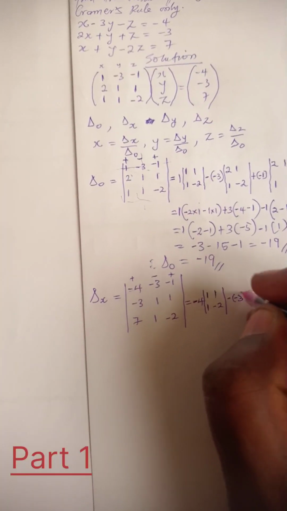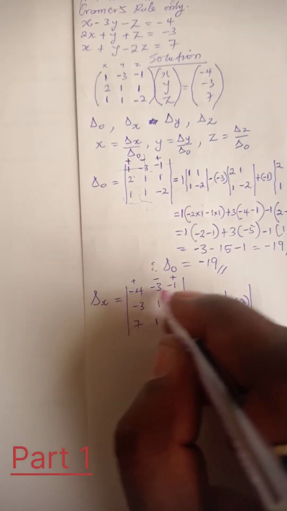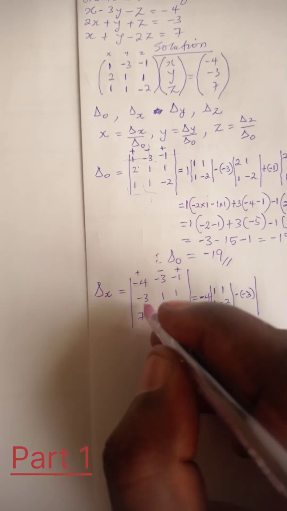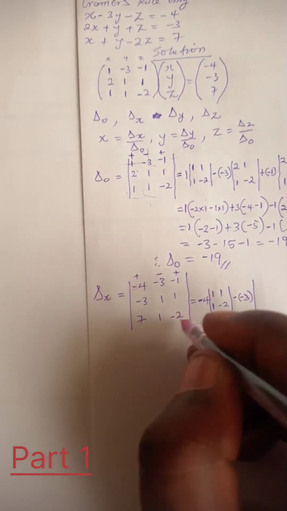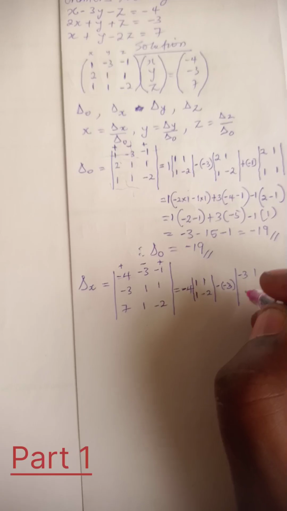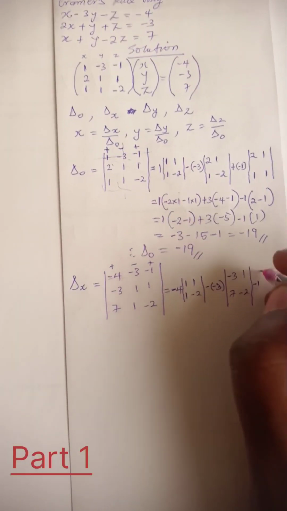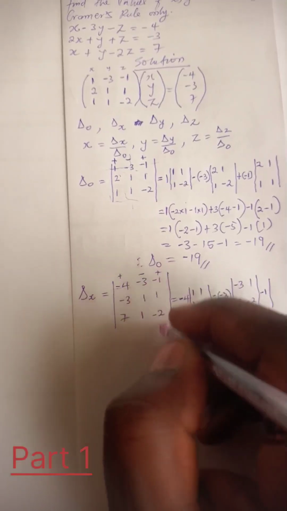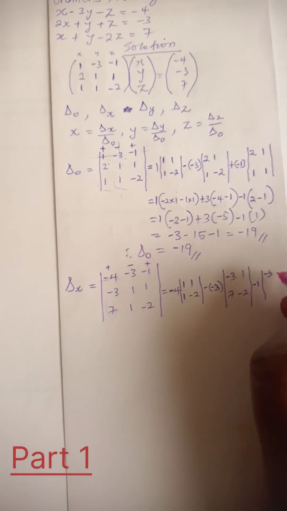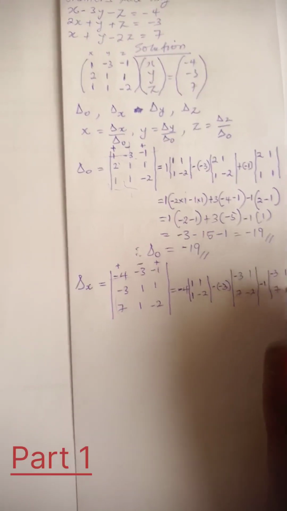So I'll have that. And then the values, I'll eliminate the row and the column in which minus 3 belongs. So I'll be having minus 3, 1, 7, and minus 2. Then the last but not the least here is positive, so we have minus 1. And then the values are, we'll eliminate this and this. I'll be having this minus 3 and 1, 7 and 1.